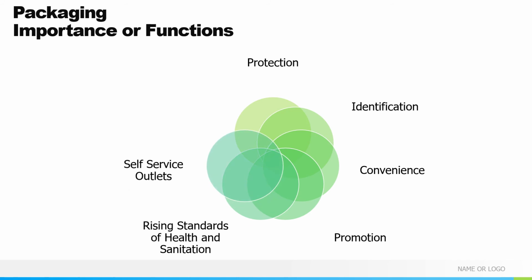Next is self-service outlets. I have already mentioned this. In self-service outlets, packaging plays a very important role by performing many of the sales tasks in order to attract attention, tell the product features, and make it favorable for customers to buy. So attractive, colorful, and innovative packing attracts customers to purchase the product.